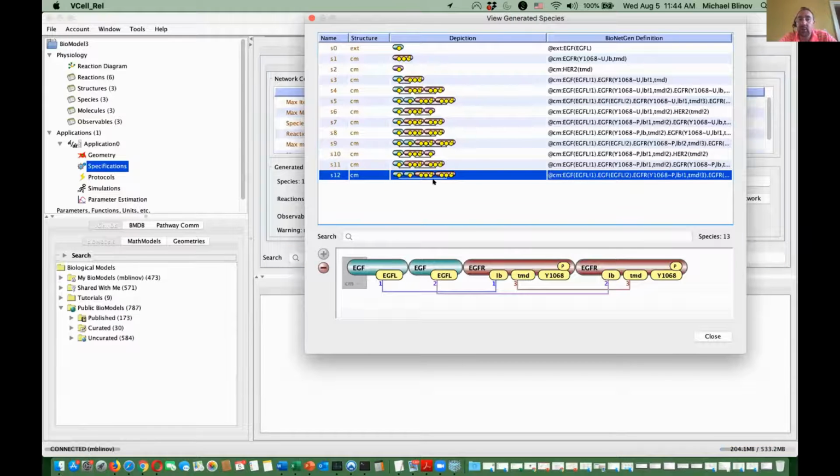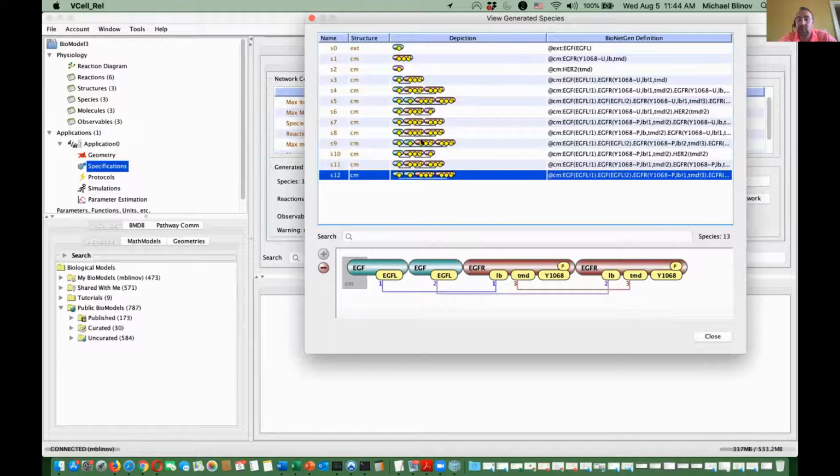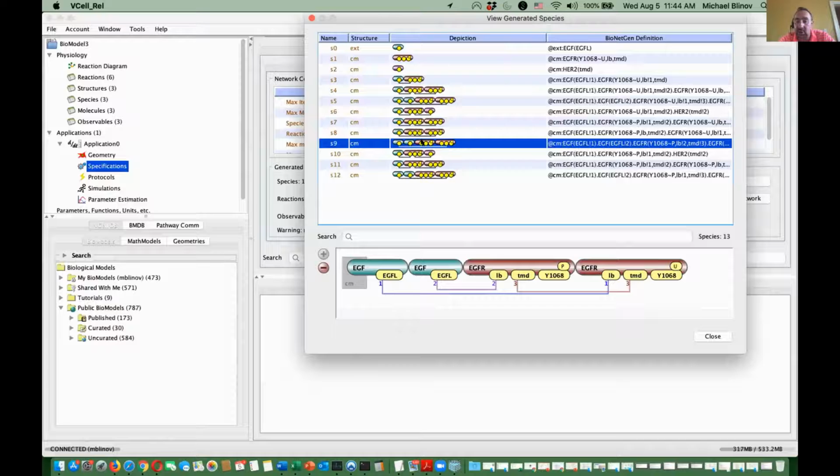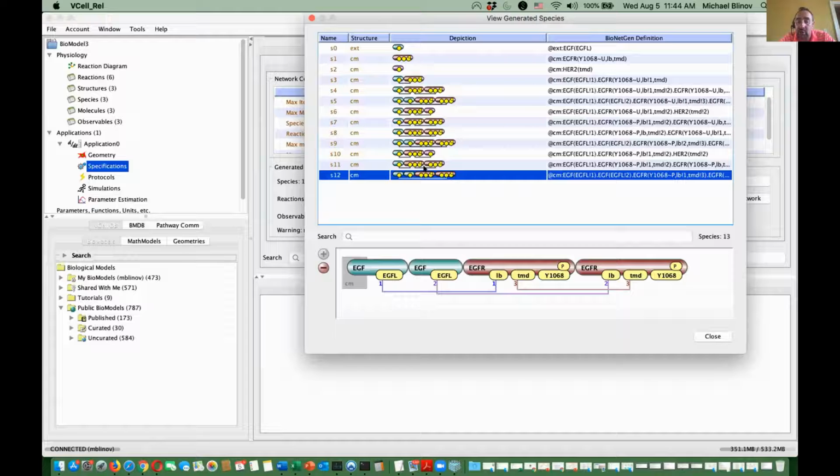Those are called microscopic species, and you really don't care about the time course of this compared to the time course of this. They're different just in the composition, like binding between sites.